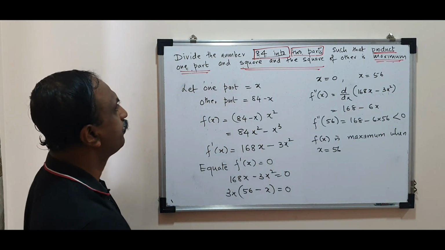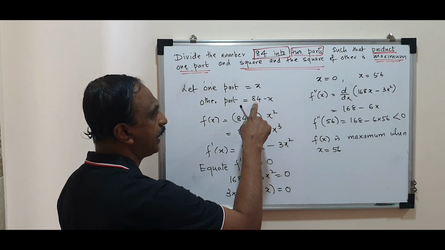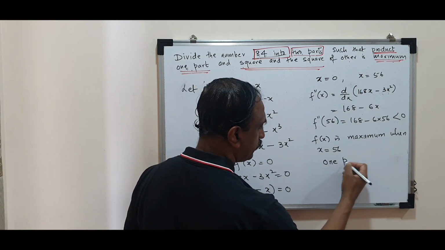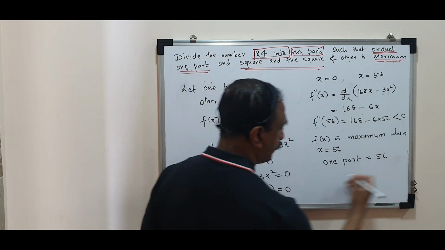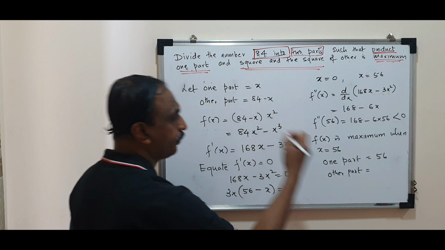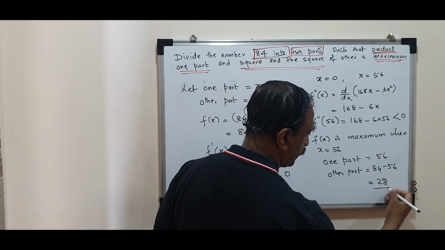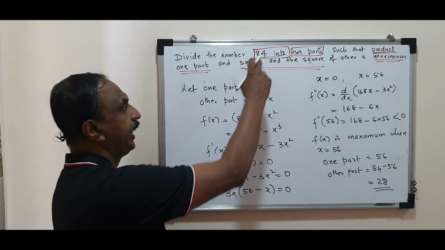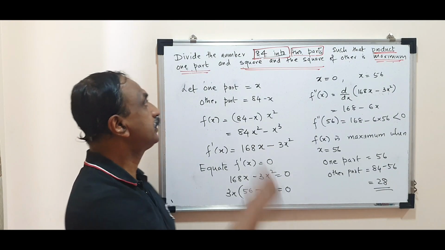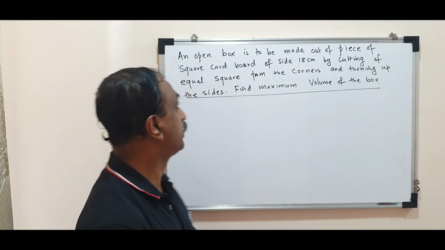So when you divide, one part is 56 and the other part is 84 minus 56, which is 28. So we must divide 84 as 28 and 56 so that the product of one part and the square of the other is maximum. Let's have a look at this problem.